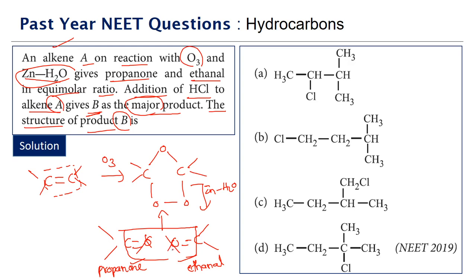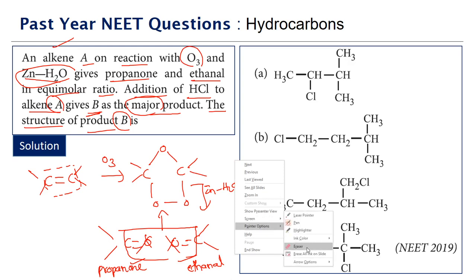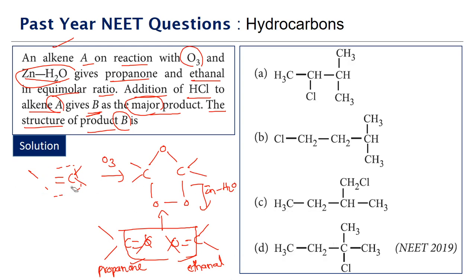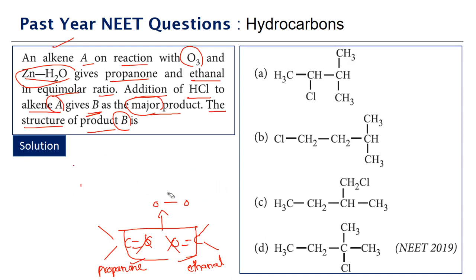If you are clear with this step, then I'll just rub this area, and then we will be able to work out the original alkene. So here what are the carbonyl compounds coming as products? One is propanone. Propanone is the IUPAC name for acetone.